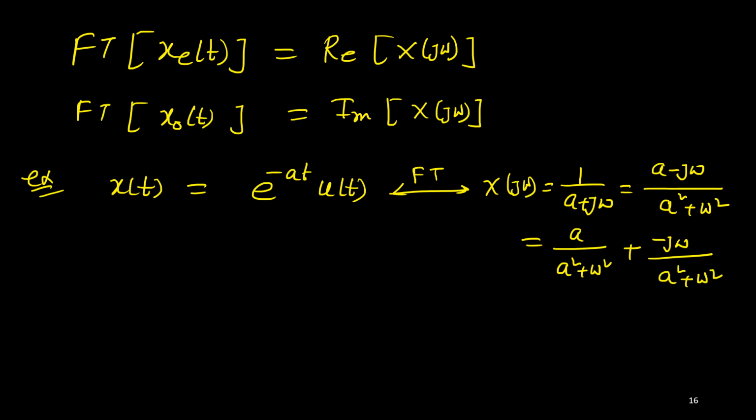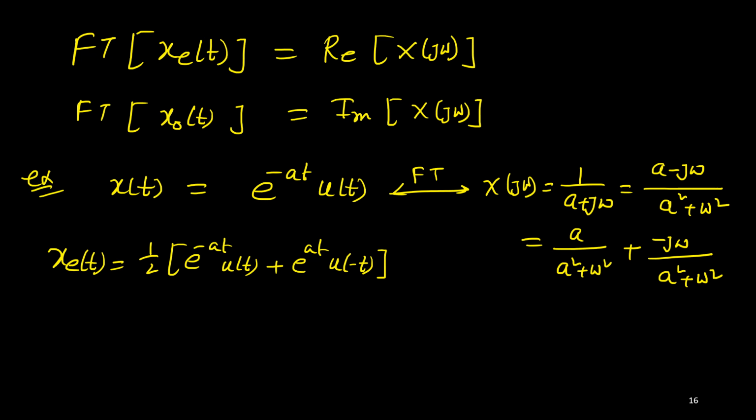Okay, so its even part x_e(t), you see this is half of e to the power minus at u(t), that is x(t), plus x(−t), which is e to the power at u(−t).